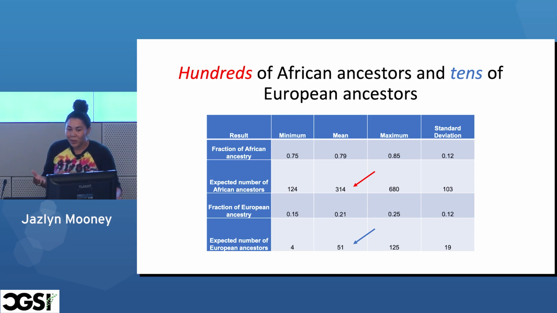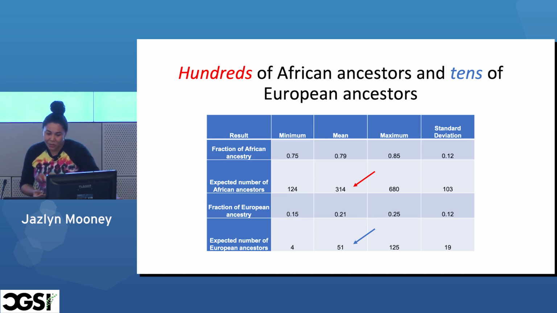When you're thinking about what this means in a historical context, maybe we're giving you some bound of the number of individuals who have survived the Middle Passage. And as far as European ancestry, we don't know when it happens since we're not timing it, but these are what we're calling European admixture events.